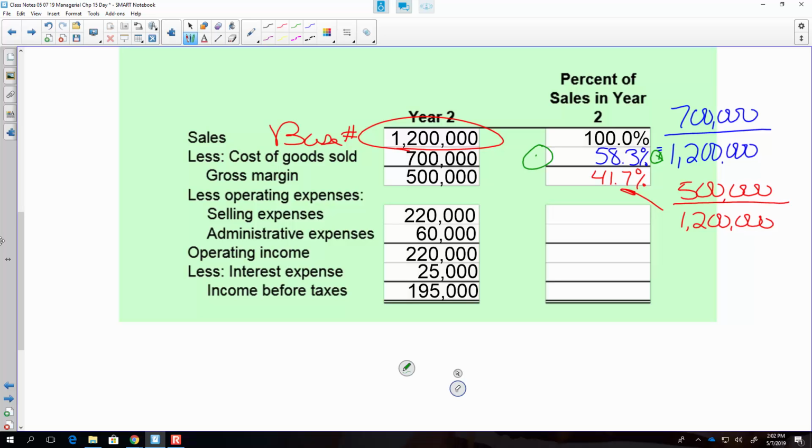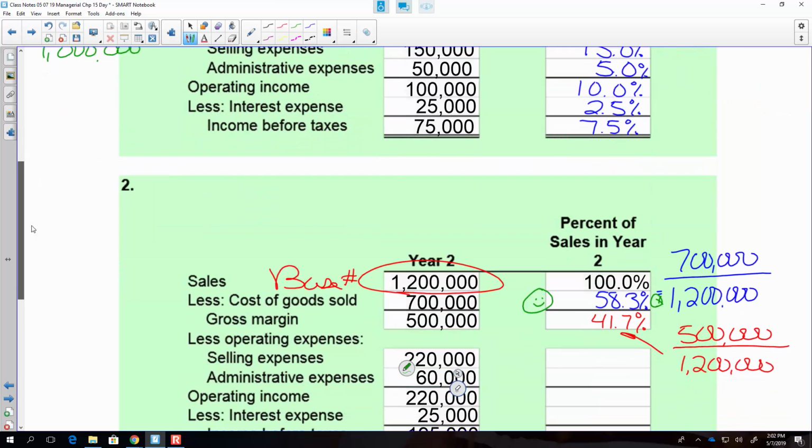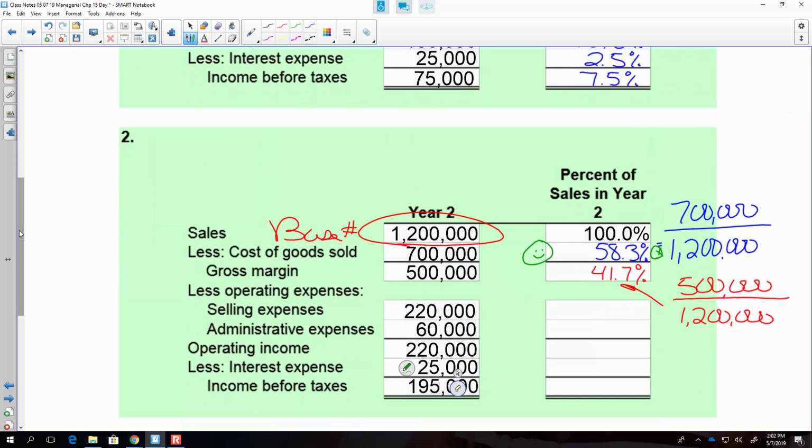If I saw this on an income statement compared to last year's percentages, I'd be extremely happy with that jump, with that decrease in our cost of goods sold. So that's awesome. And if you notice here, our gross margin went from 30 to 41%, 11 percentage points, almost 12, a huge improvement again, mainly because we have smaller or reduced costs in our numbers.